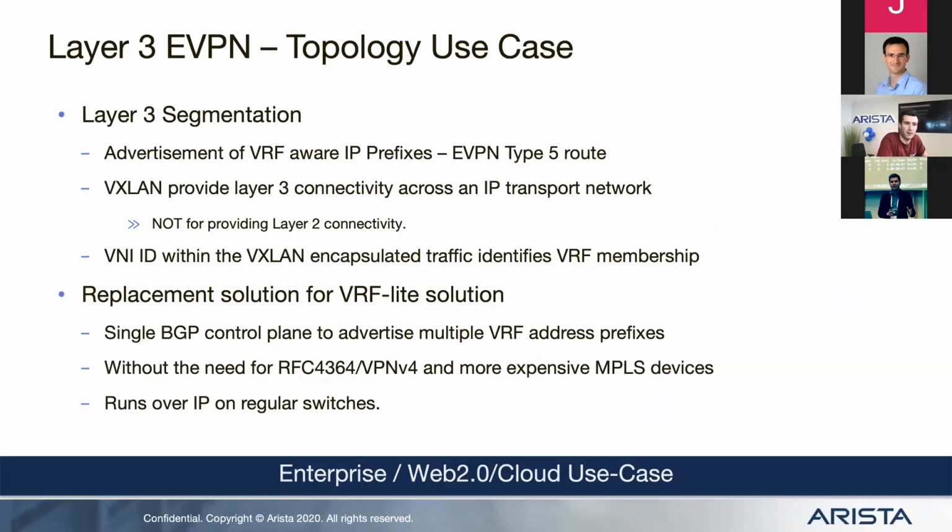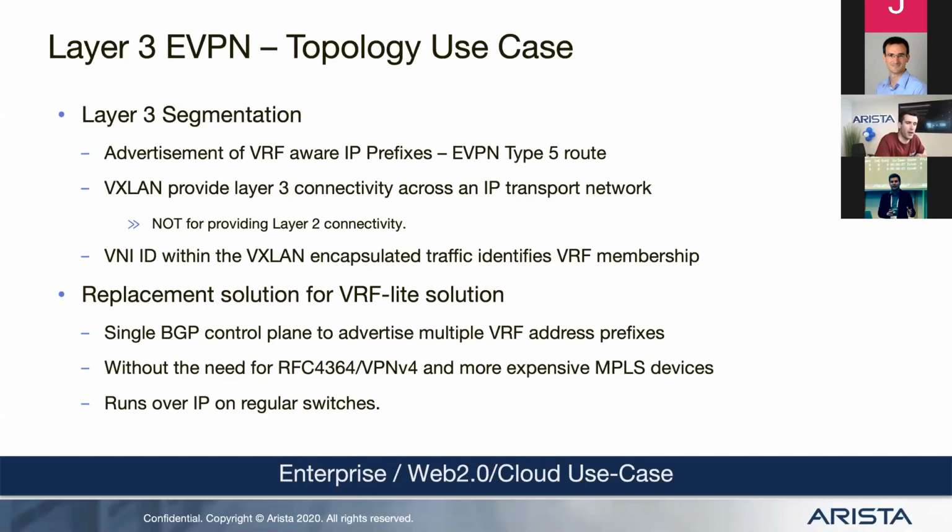So for the layer 3 EVPN example, using layer 3 segmentation, Alexi's already explained a lot of how this works, but there is the ability to advertise VRF-aware IP prefixes across multiple tenants and keep them separate. And then VXLAN is able to provide that layer 3 connectivity, but without the layer 2 connectivity. So this is very similar to what you might see today with a VRF Lite solution, or with an RFC 4364 or VPNv4 MPLS type deployment.